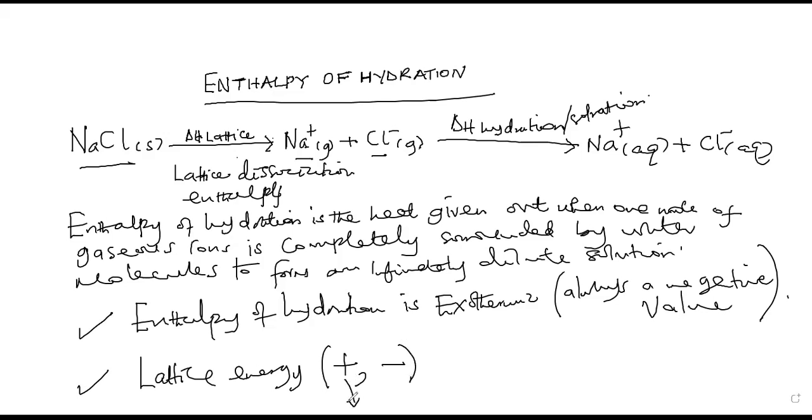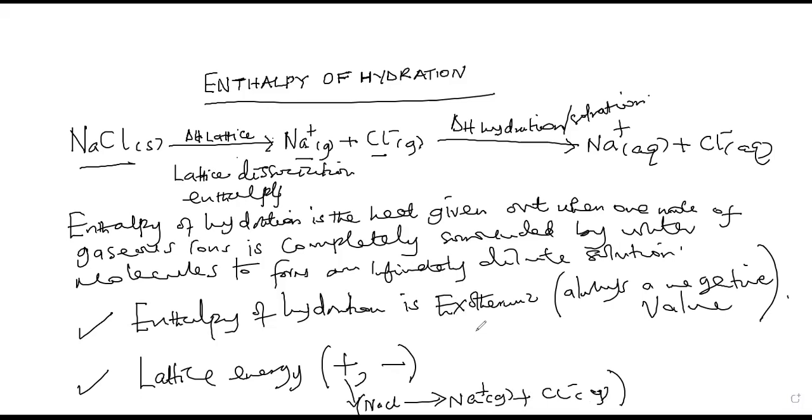It is positive when, for example, sodium chloride is dissociating into gaseous ions. That is what we call the lattice dissociation enthalpy, and this is what we shall always use when calculating enthalpy of solution or deducing solubility. So we always use lattice energy as a positive value, but it is only negative when those gaseous ions are combining to form a crystal lattice.